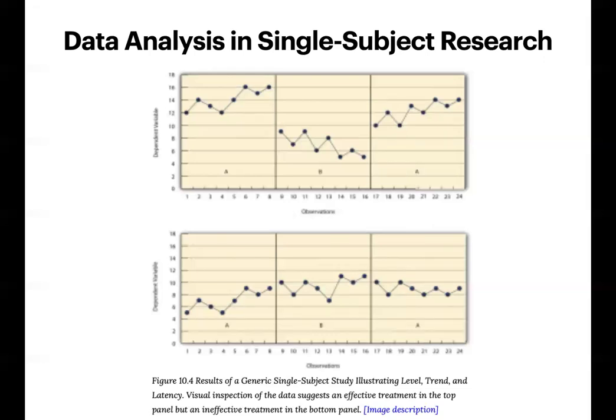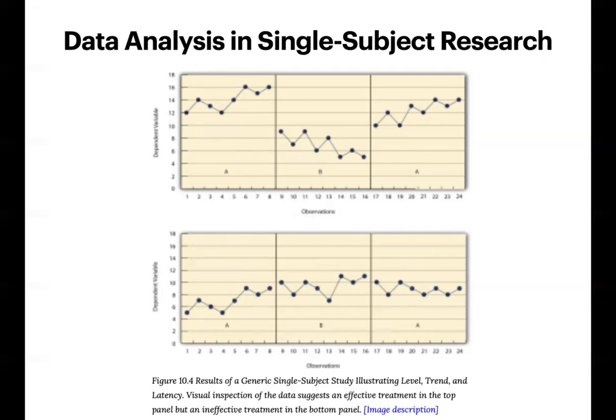When visually analyzing single subject research data, it is important to carefully observe changes in the level of the dependent variable from one condition to another. If the dependent variable is significantly higher or lower than in another phase, this indicates that the treatment likely had a meaningful effect.